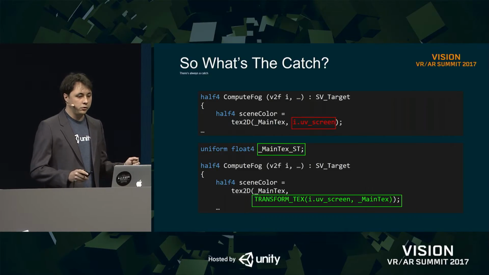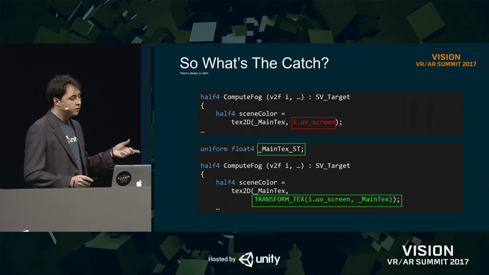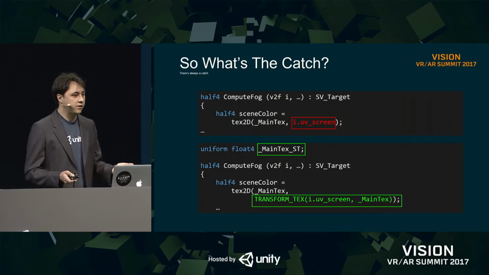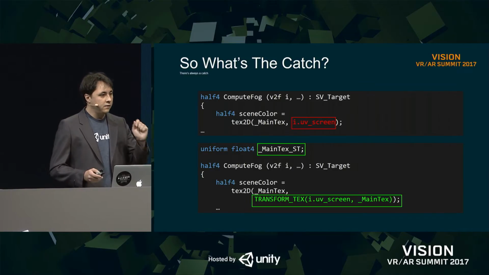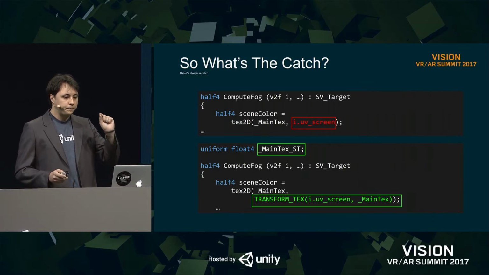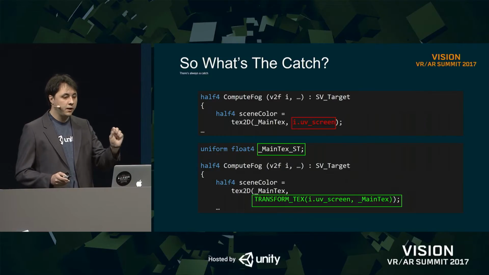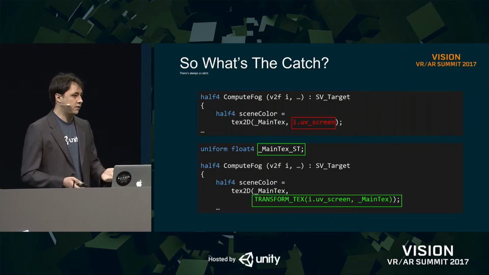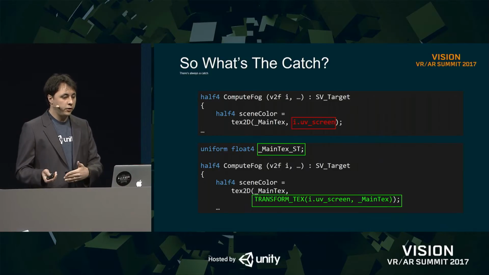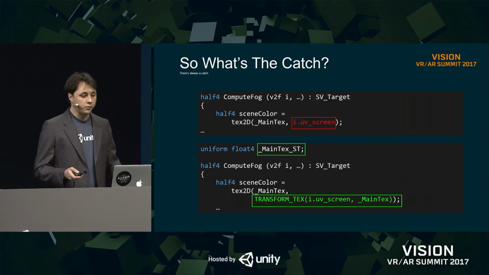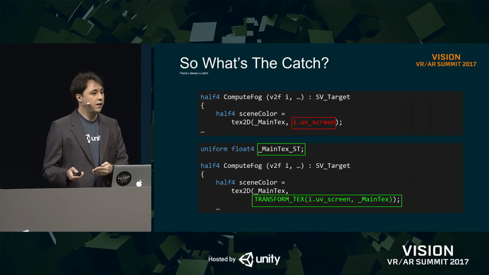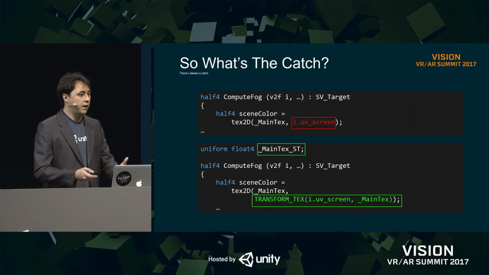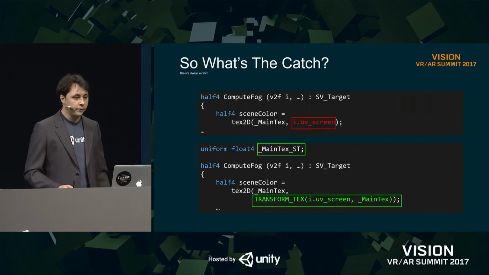Now, what we ask you to do is declare a float4 that we call an ST float. It stands for scale and translation. And that float needs to have the same name as your texture. So Unity uses a lot of _MainTex, so in that case, it's _MainTex_ST. And then you just call UnityStereoScreenSpaceUVAdjust, and you pass the name of the texture you're sampling, and Unity is going to take care of filling up all the correct values for you.